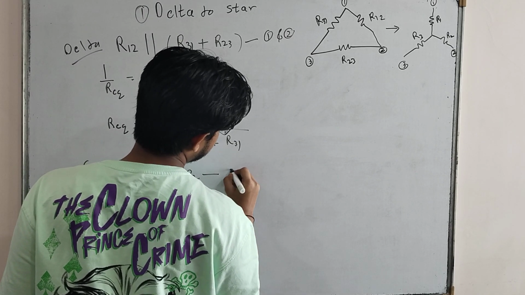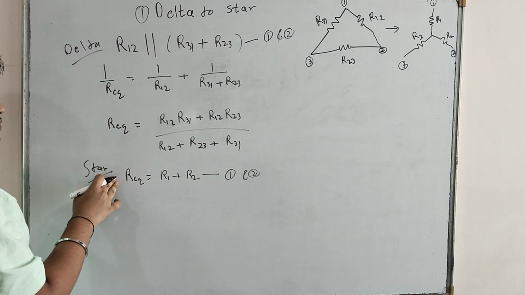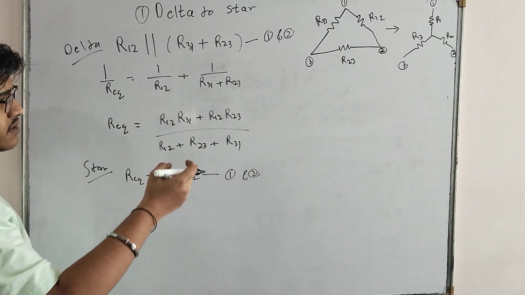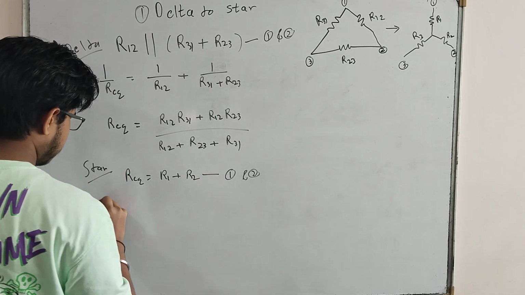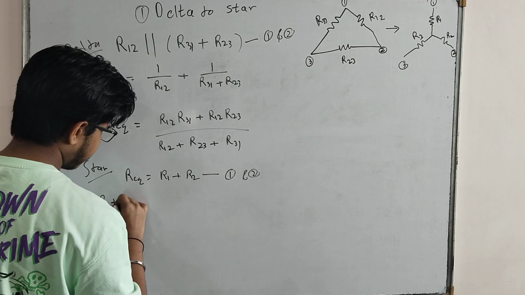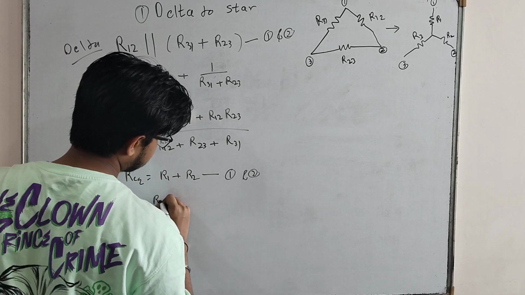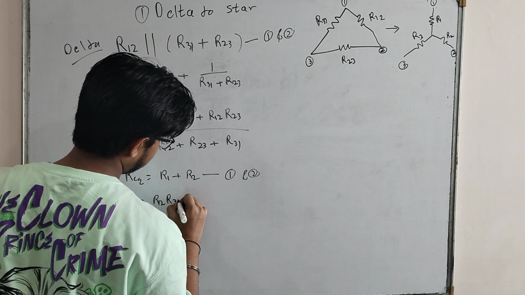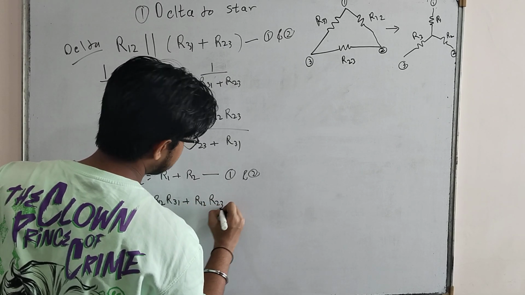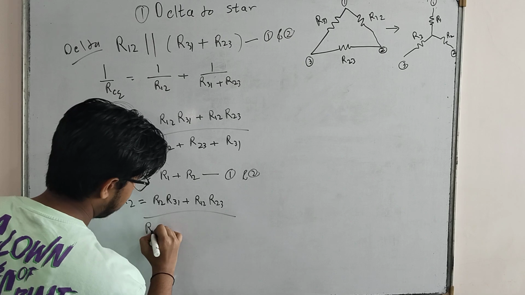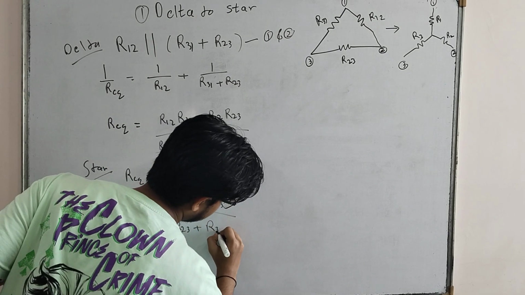This is between 1 and 2. We want to convert this diagram into the other one, so we can equate them. Therefore we can write R1 plus R2 is equal to R12 into R31 plus R12 into R23, whole divided by R12 plus R23 plus R31.